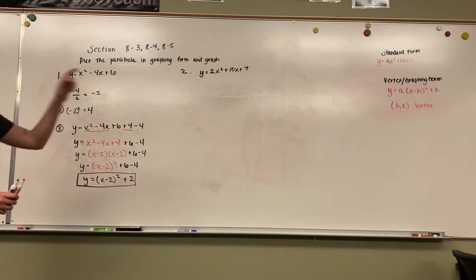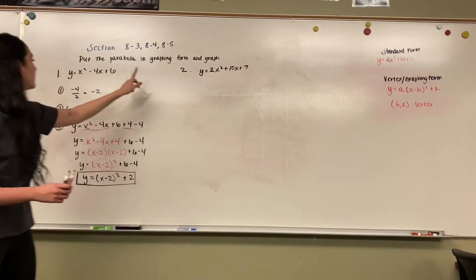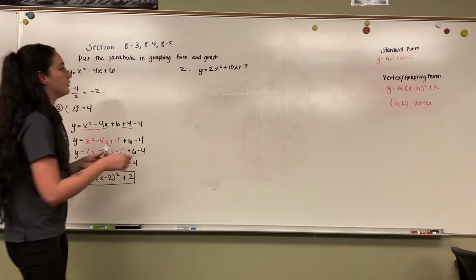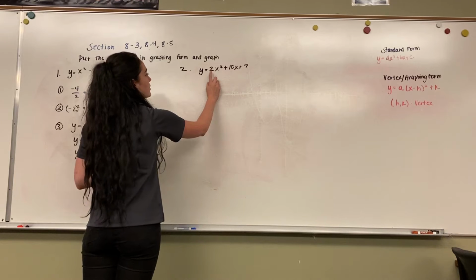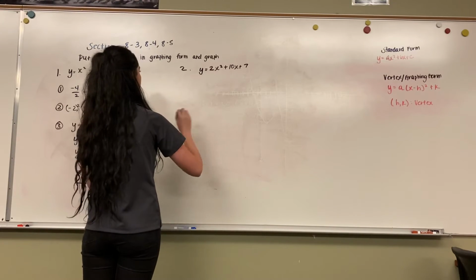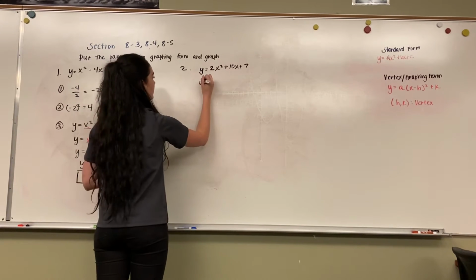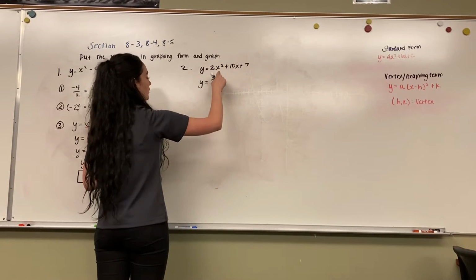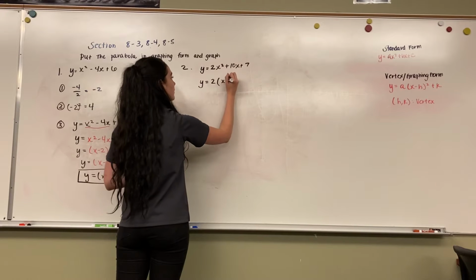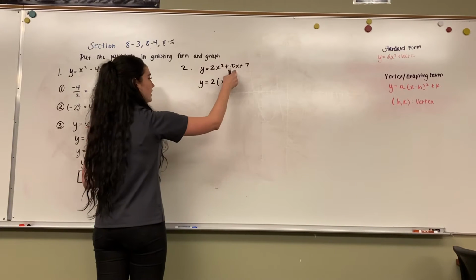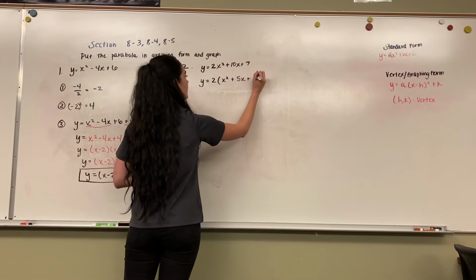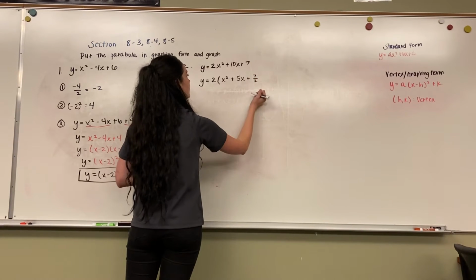So let's do another one. And look, this one's a little bit harder just because we have a 2 right here, and here we didn't have anything. So the first step, if you see that there's a leading coefficient of 2, is to factor it out. So we're going to factor out 2 from everything. 2 times, when we factor out 2, we get x squared plus 10x divided by 2 is 5x plus 7 over 2.